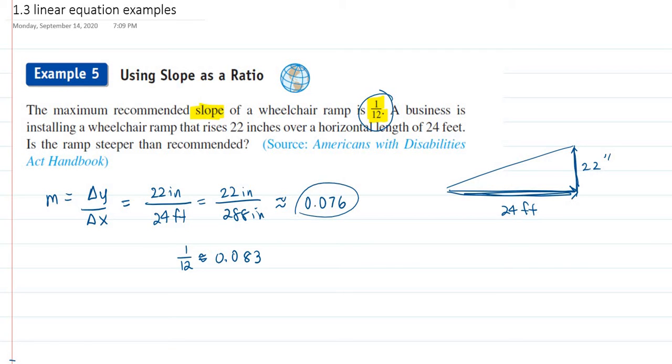0.076. This number is not larger, therefore the ramp is not steeper, therefore the ramp is fine. So to answer this question, I would say no. The ramp is not steeper. 0.076 is less than 0.083.